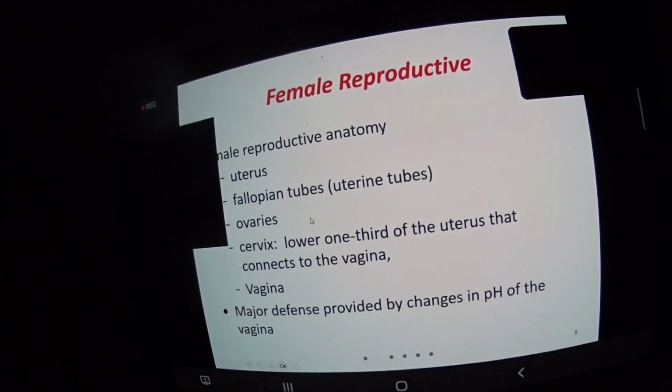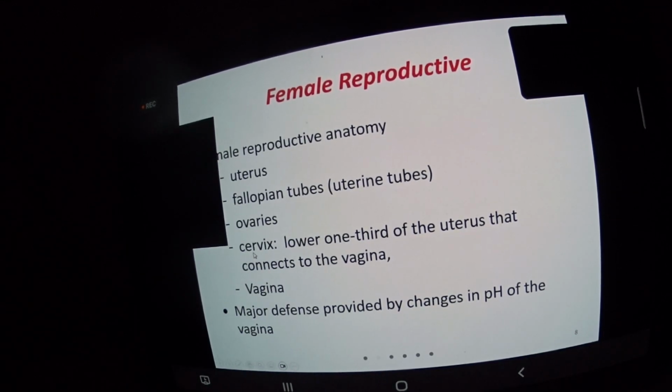The ovaries are almost detached from the uterus, but they are very close to the fallopian tubes, and via the fallopian tubes, the egg travels toward the uterus. Fertilization usually happens along the fallopian tubes, and then the fertilized embryo implants on the lining of the uterus and creates a placenta and all of that.